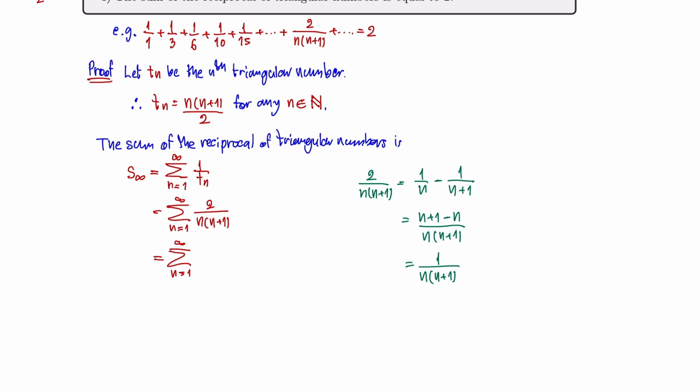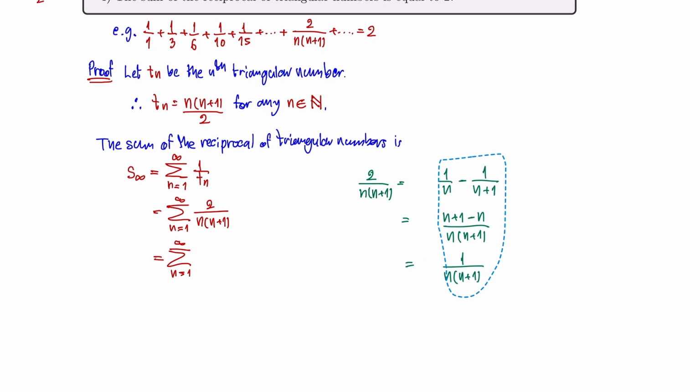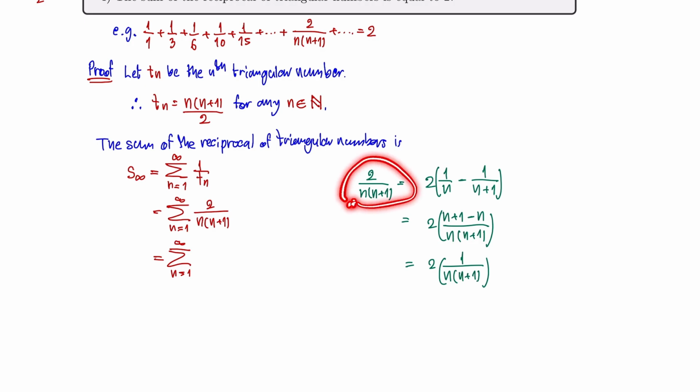So what we have to do is to multiply by 2. So actually this term right here is 2 times 1 over n minus 1 over n plus 1.